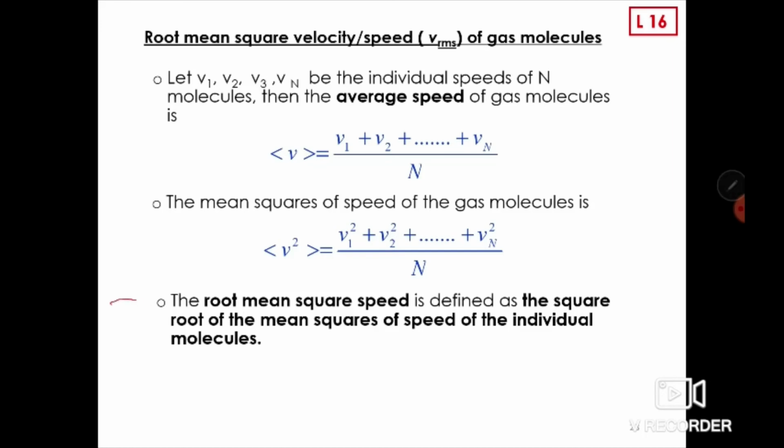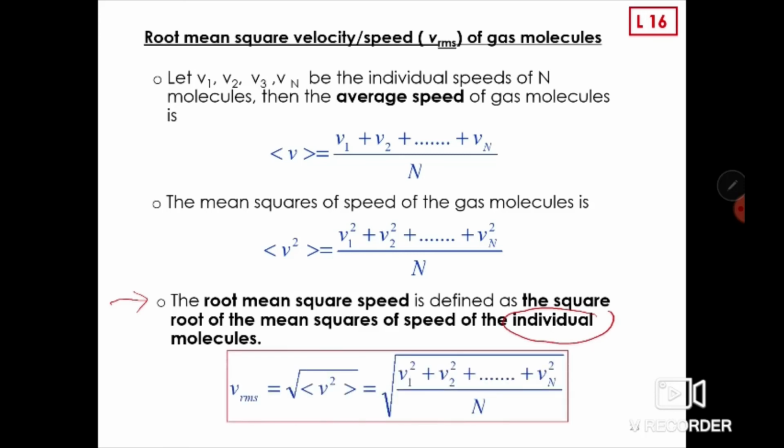What does root mean square speed mean? It is defined as the square root of the mean square of speed of the individual molecules. So earlier we already have the mean square V, then we square root it. That is the VRMS. So this is the definition of VRMS.